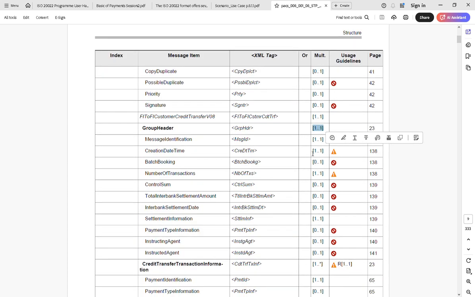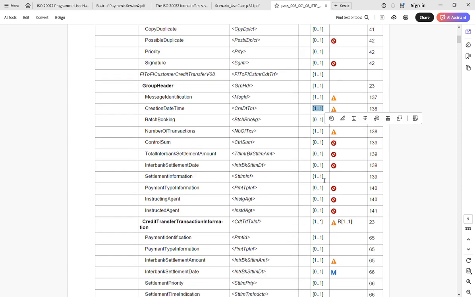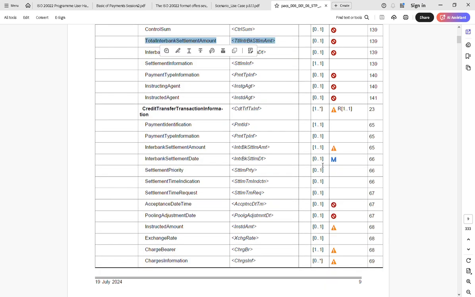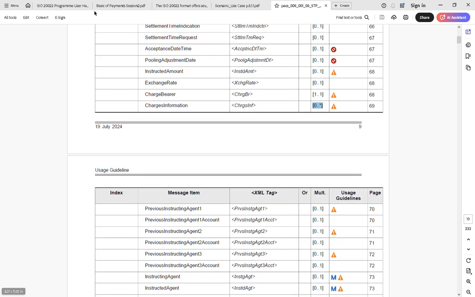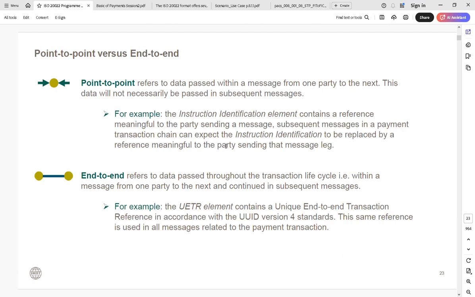That's why I show you this example. 1..1 means mandatory, 0..1 means optional field. For example, this field, interbank settlement date, is an optional field here. Like this, if it is 0..*, the occurrence can be multiple times. Those are the basic things which can be mentioned in your ISO 20022 messages.